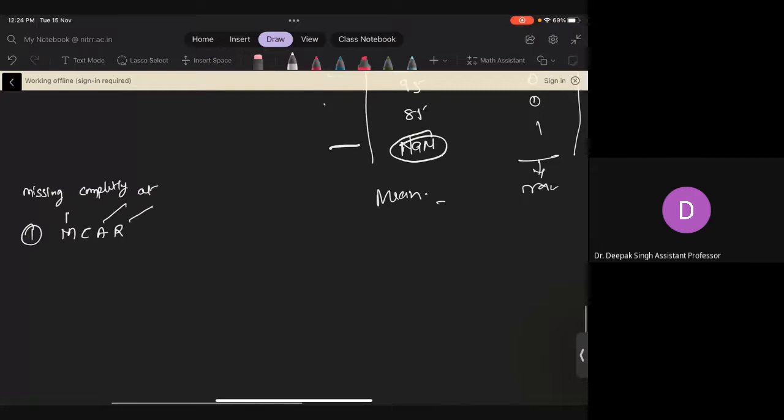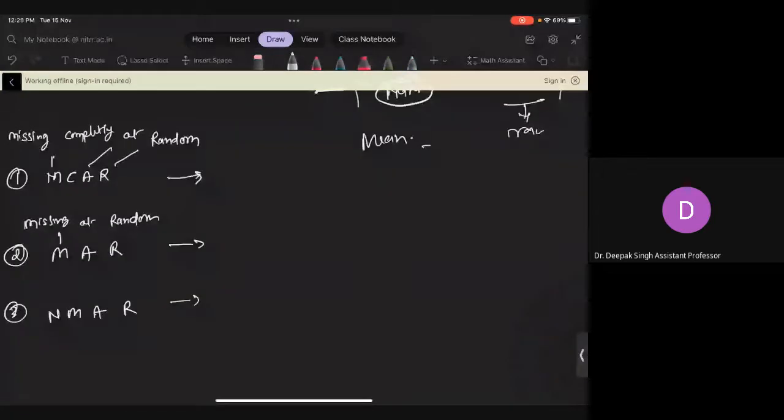Let me explain these three scenarios with the help of an example.